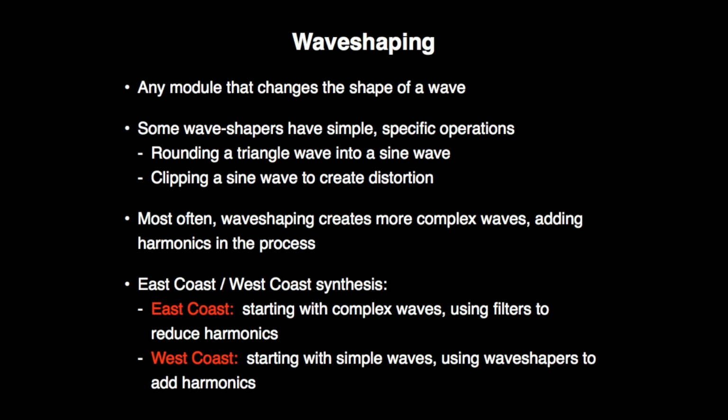But very often in West Coast synthesis, we're going to start with simple waves like sine waves or triangle waves, but then we're going to use wave shapers to change the shape of those waves and add harmonics. So rather than starting with something big and then chipping away at it with a filter, we're going to start with something simple and then use wave shapers to add lots of harmonics and make some cool new sounds. So that's another distinction between the East Coast and West Coast styles.